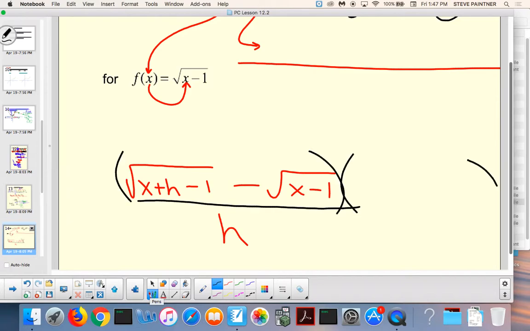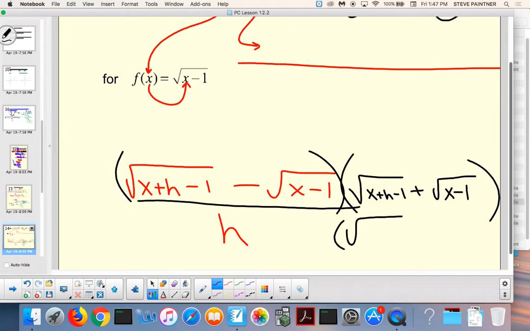Square root of x plus h minus 1, plus square root of x minus 1. So when you multiply the top by the conjugate, to be fair, you've got to multiply the bottom by the conjugate.